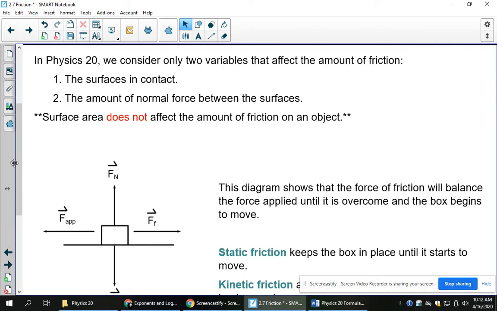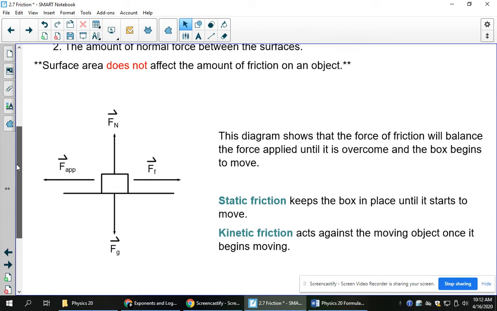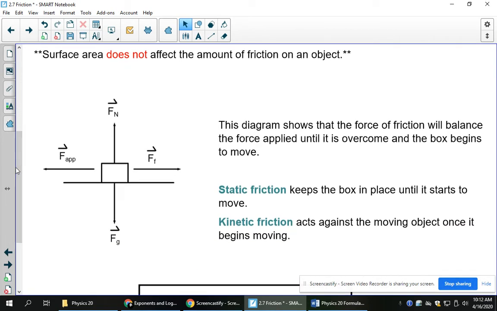Here's a diagram that shows the force of friction will balance the applied force. Now, this is happening when an object is not in motion. So if we have somebody standing still and there's an applied force pushing behind them, let's say you're on ice, for example, that person is going to remain standing still because the force of friction is counteracting the force applied until the force applied is big enough to counteract force friction and overtake it.